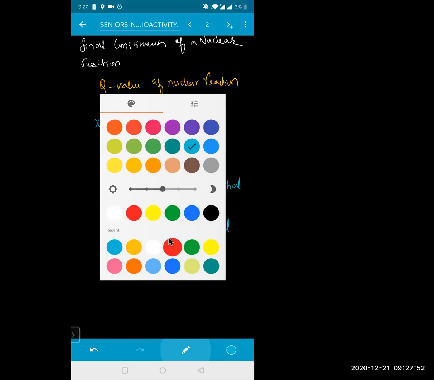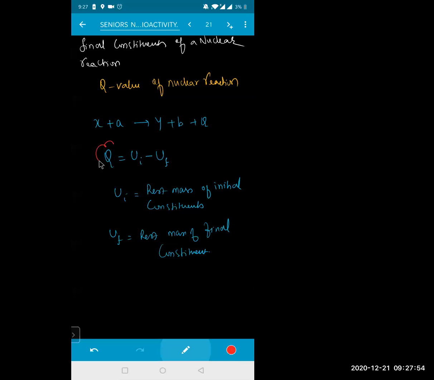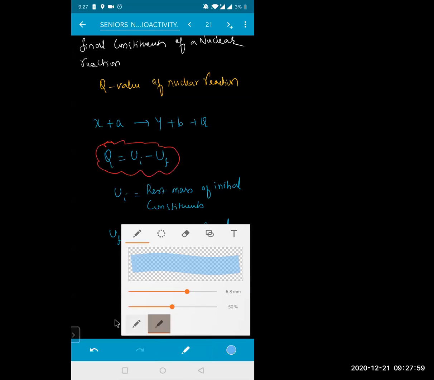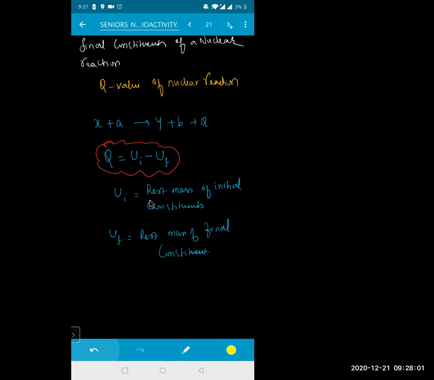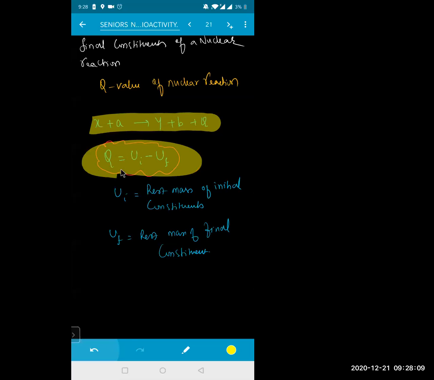So this is your Q value for the given reaction, and this is the way we calculate the value of your Q.